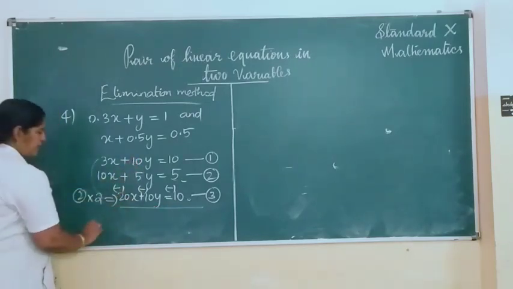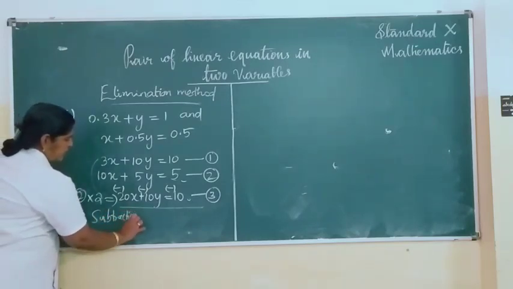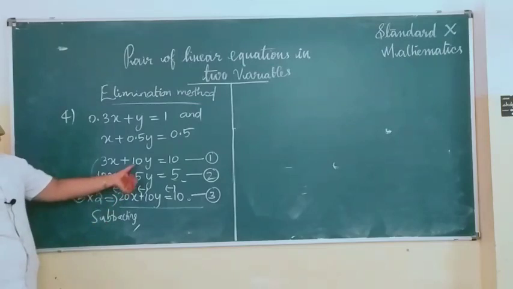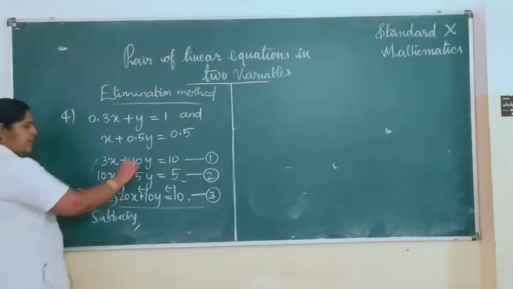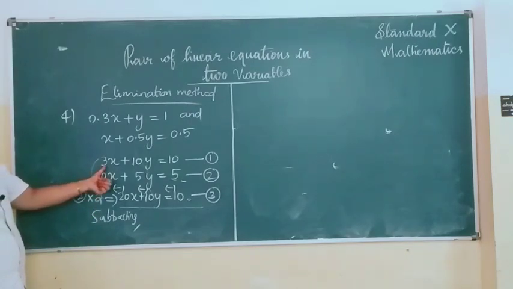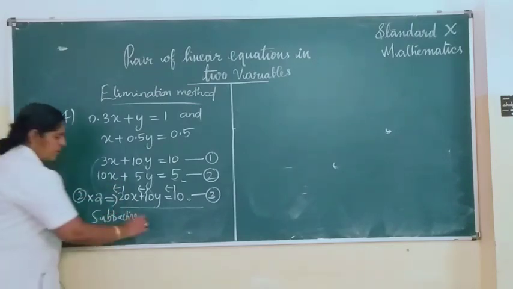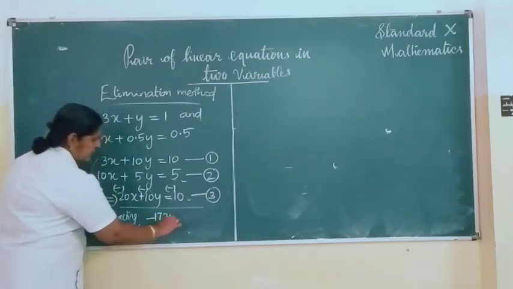Now you see when you subtract, what happens? 10y and minus 10y are eliminated. Now see the x: here 3x and here minus 20x. What is 3 minus 20? Minus 17.